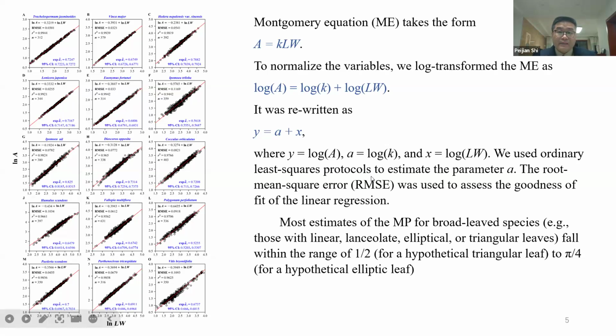And we find the Montgomery parameter, namely the proportionality coefficient in the Montgomery equation, reached between 1/2 and pi/4, which correspond to extreme leaf shapes, namely the triangular leaf and elliptical leaf.